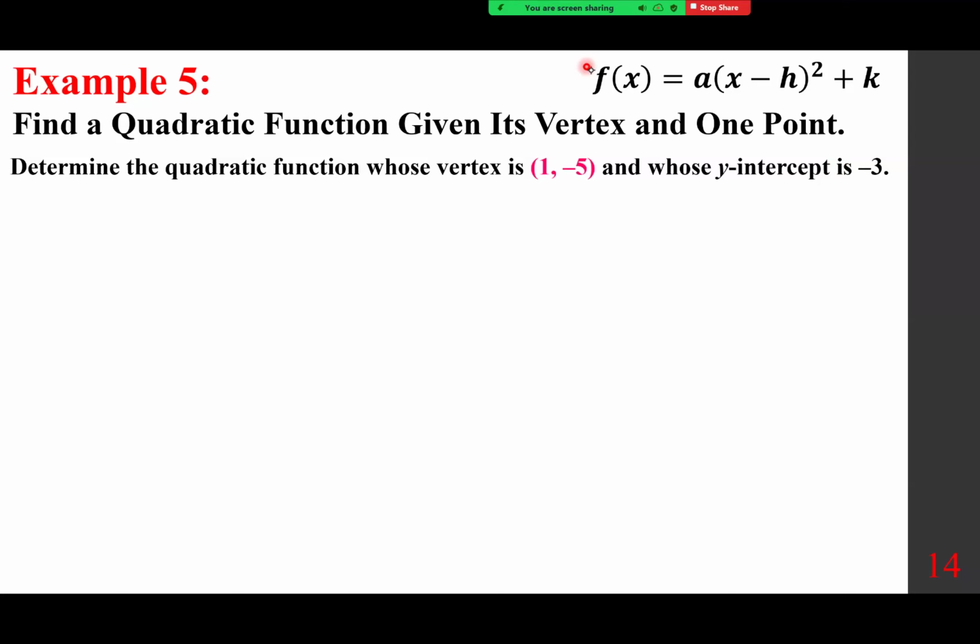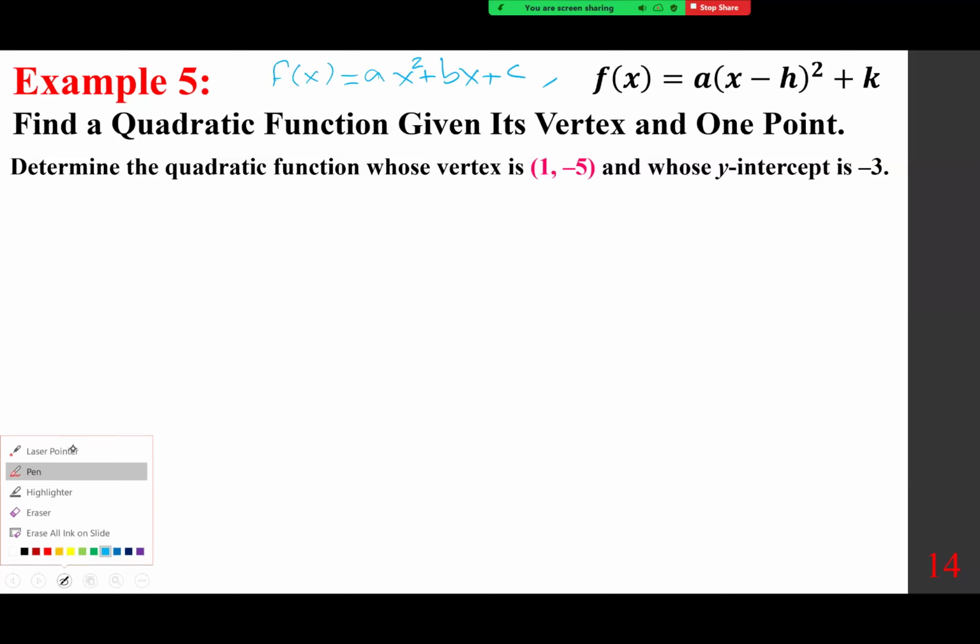If it's not a vertex, you need 3 points, because it's f of x equals ax squared plus bx plus c, so you need 3 points to find a, b, c. But if it's a vertex, it makes life easier.